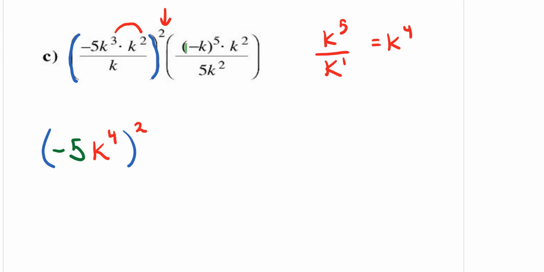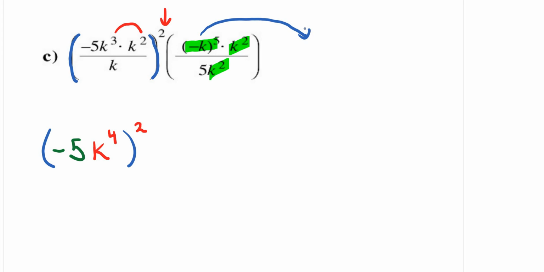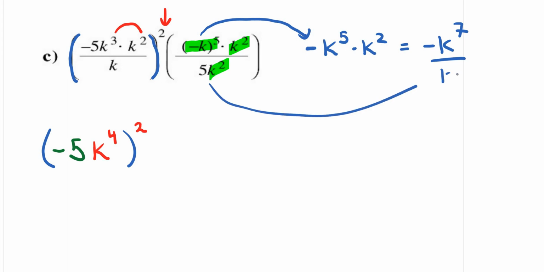Okay, let's take a look at the k variables in the second set of brackets there. You want to be very careful here. Just from experience, negative k to the power 5 is the same thing as negative k times negative k times negative k times negative k times negative k, which is really negative k to the power of 5, times k to the power 2, which is negative k to the 7, divided by k squared, which is really negative k to the power of 5.